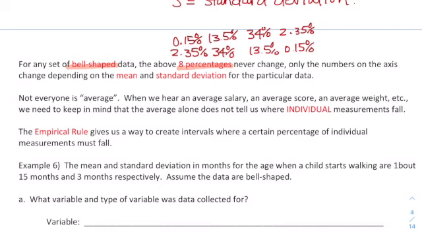Those percentages will never change on an empirical rule, bell-shaped curve.